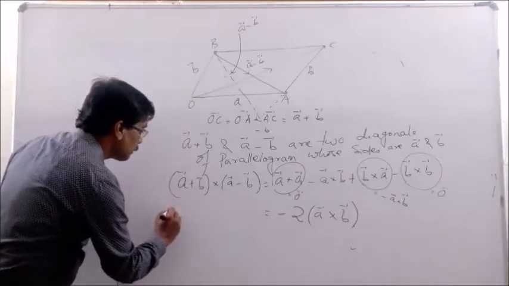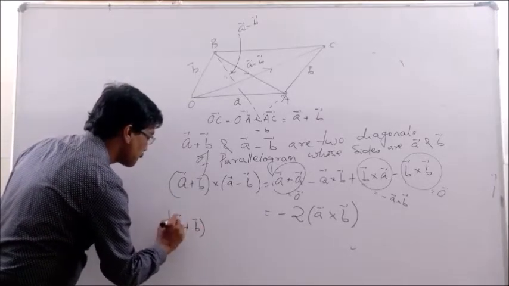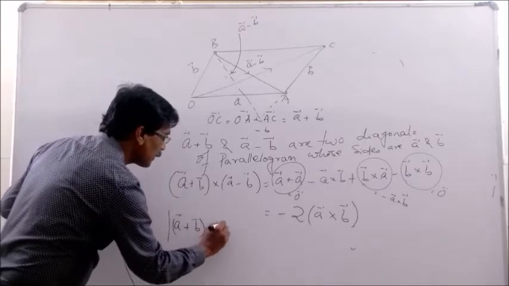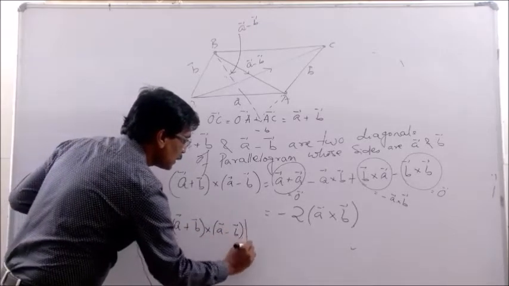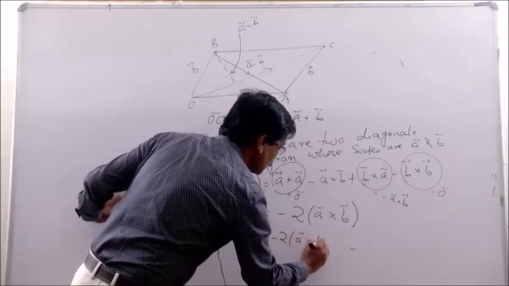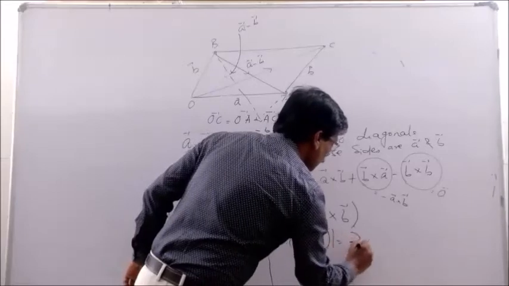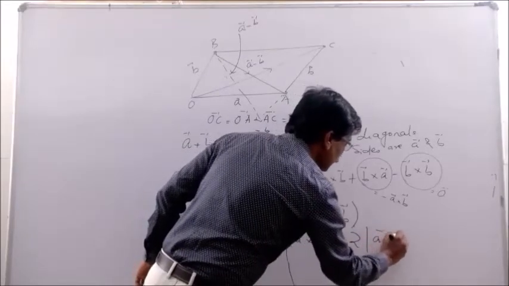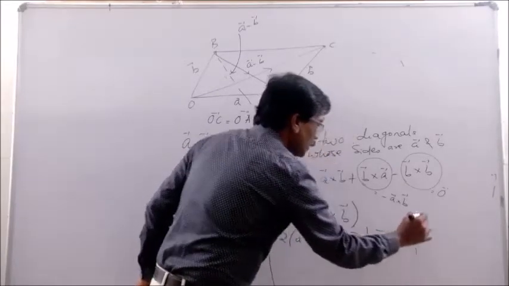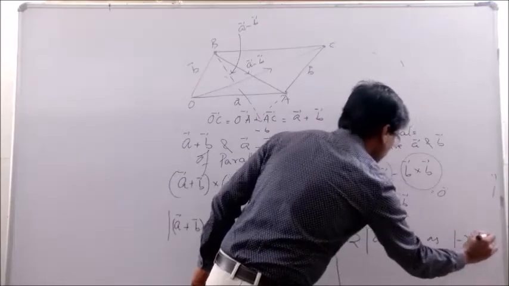So the magnitude of A plus B cross A minus B is equal to the magnitude of minus 2 times A cross B, which is equal to 2 times the magnitude of A cross B, as the magnitude of minus 2 is equal to 2.